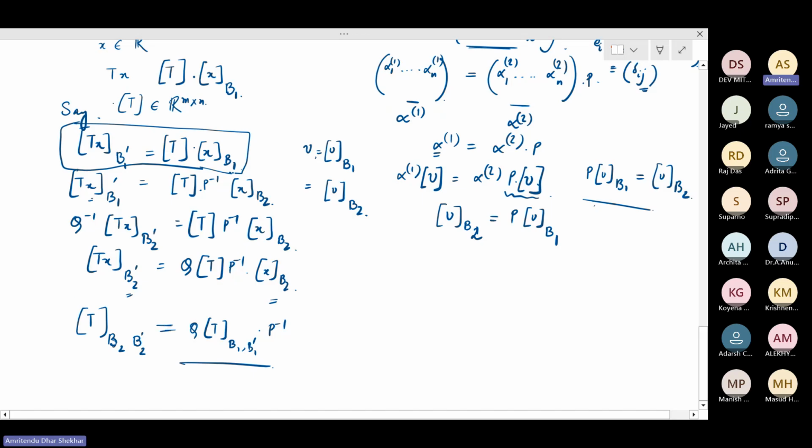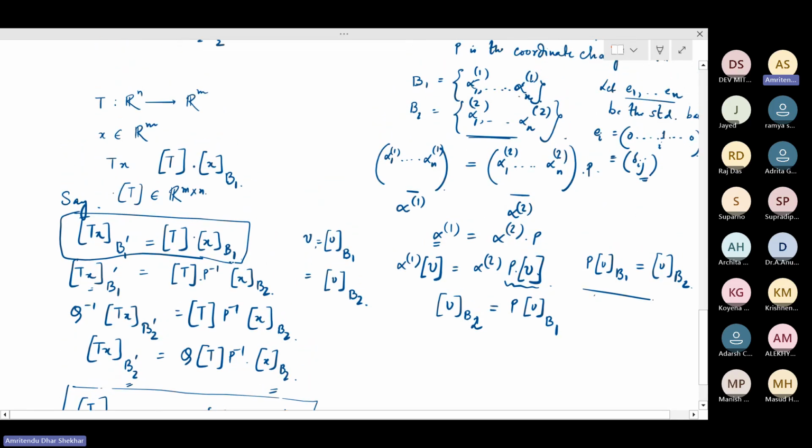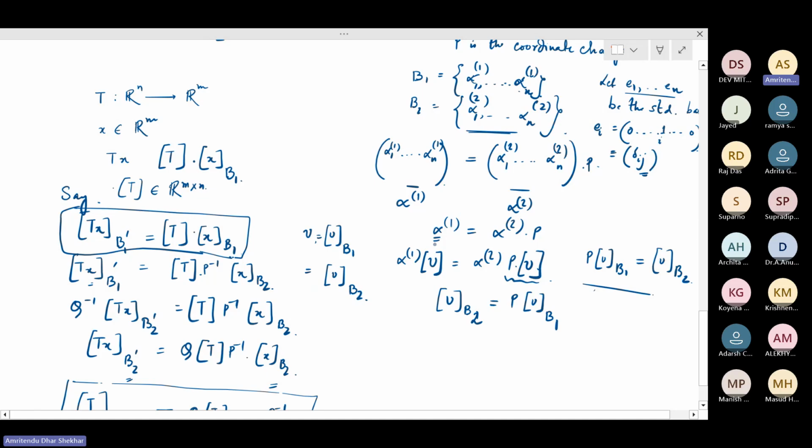So this is basically going to be the relation between the two different matrix representations that you get, where in order to determine these matrices Q and P, you need to take one set of basis vectors. So here, let's say this is B1 with one set of coordinate vectors, and let's say this is P2, the other set of coordinate vectors.